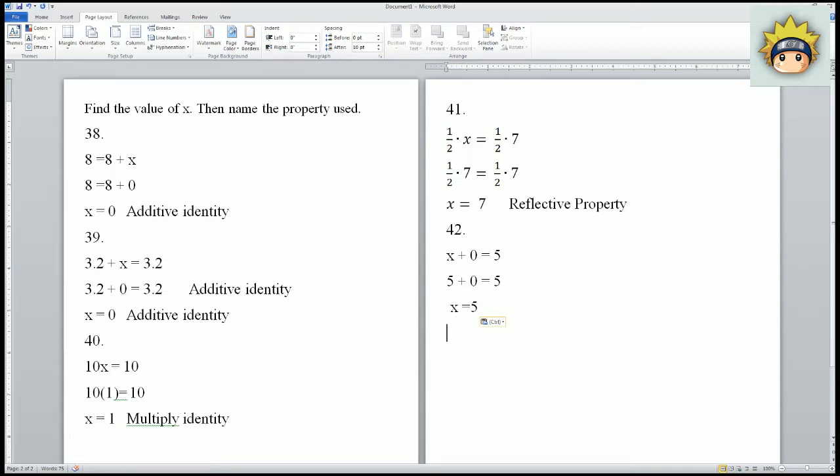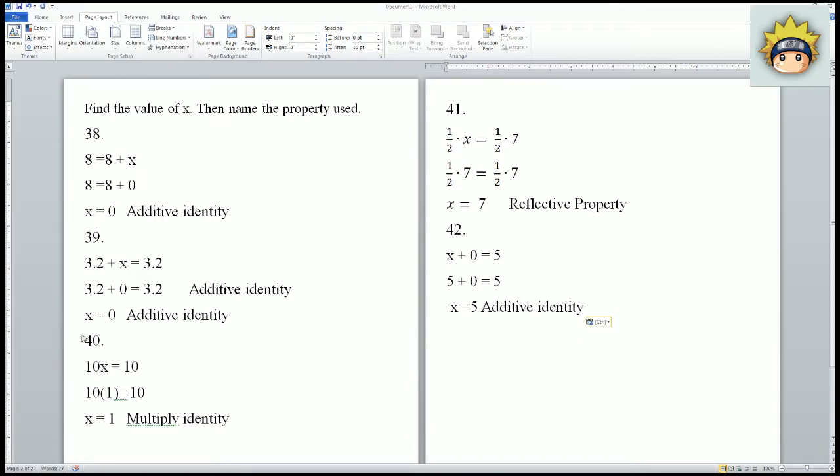So here x equals 5. When you add 0 to something and it becomes the same thing, we call that the additive identity.